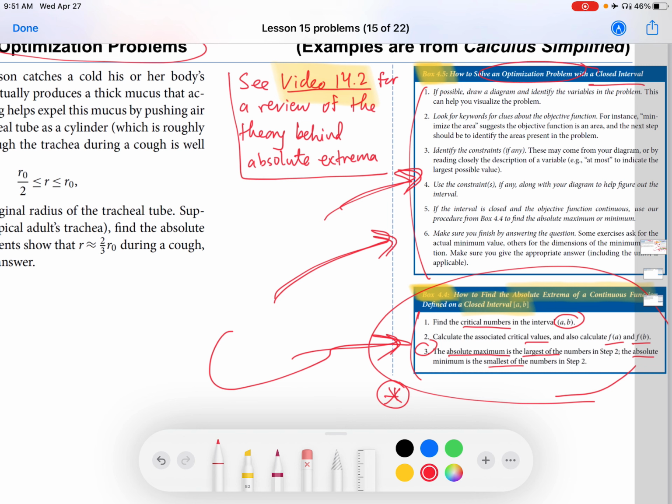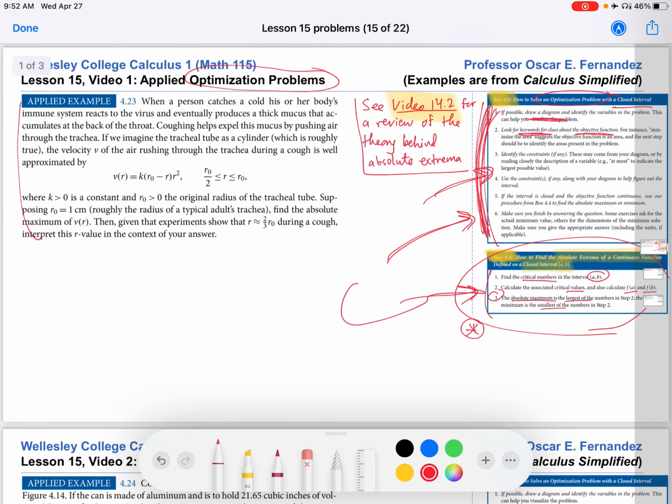The reason it's longer is because in here I am assuming that you are not given what we're going to call the objective function, the function you want to extremize, maximize, or minimize. And I'm going to also assume in this box here that you're given very little information. So you might have to, for example, draw a diagram. You might have to look for keywords to come up with the objective function. Right? So in more advanced optimization problems, this is the procedure that I'm going to suggest, and we'll talk about that again in the next couple of videos in this lesson.